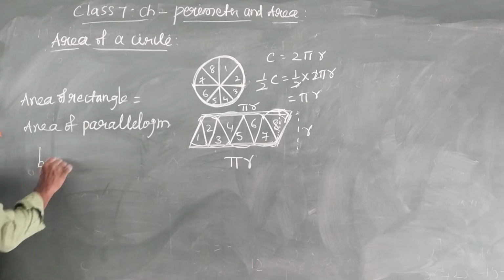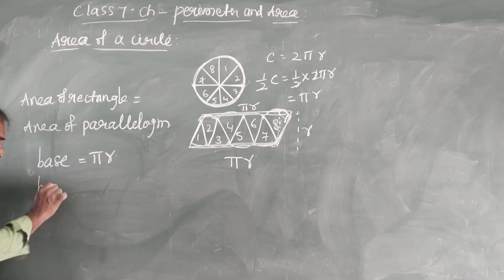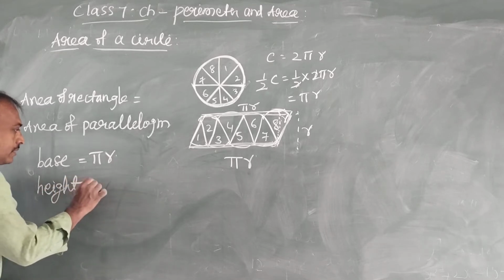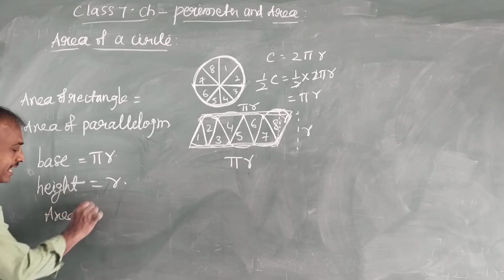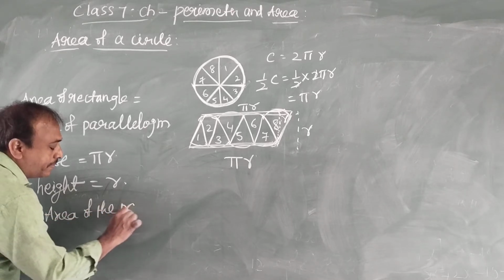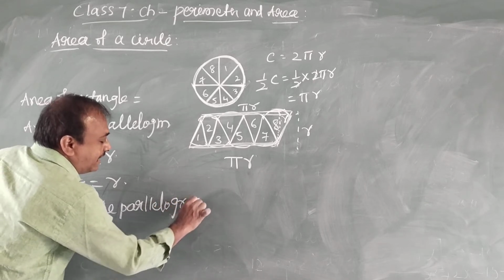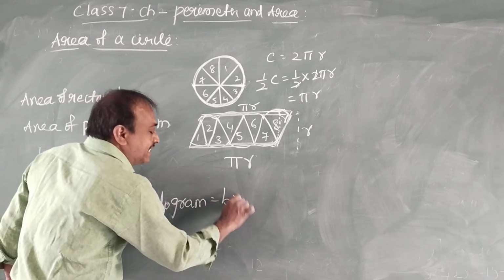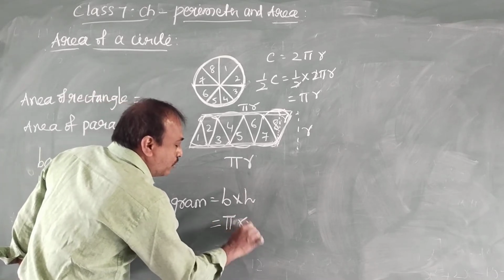So base we are taking as pi r, and height we are taking as radius. So area of the parallelogram is equal to base into height, which is equal to pi r into r.